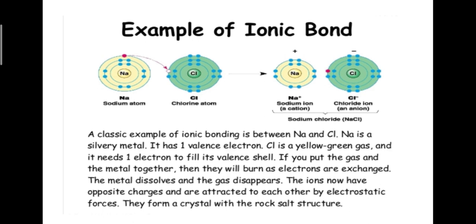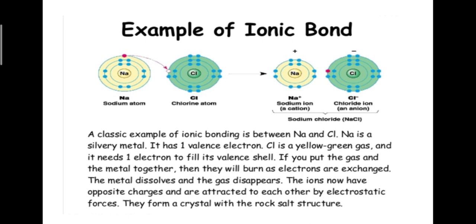Here you can see in sodium this red electron, which is the valence electron, and in the structure of the chlorine atom, you can see that the last shell has a white dot.